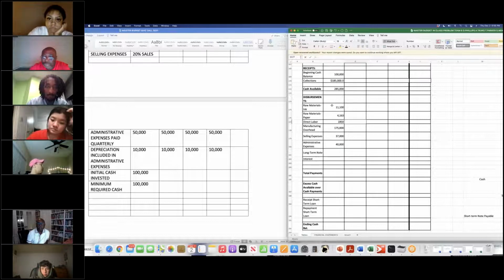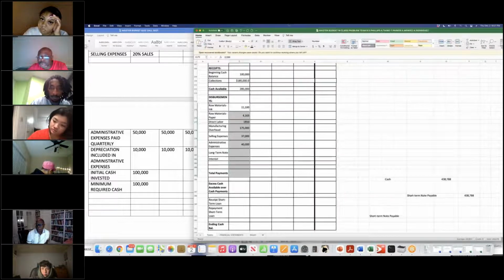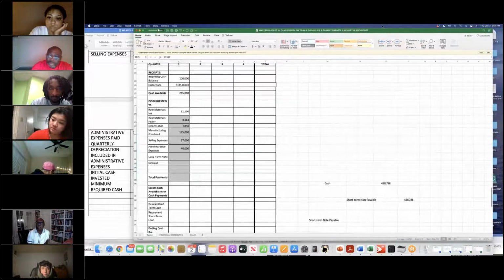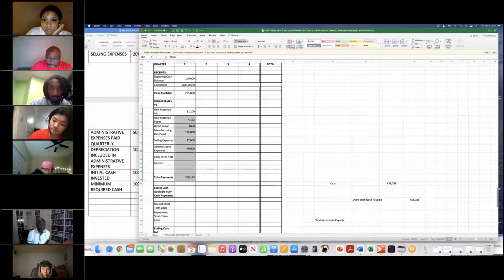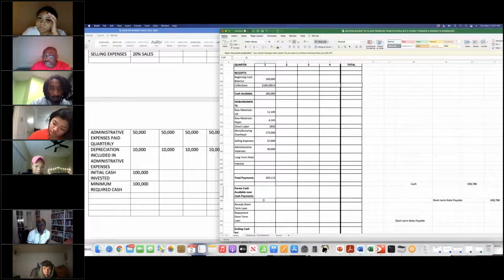So if we add all of these up, what becomes our total payments? Seems like that's 269. How much cash did we have? 285. So what's our excess cash?